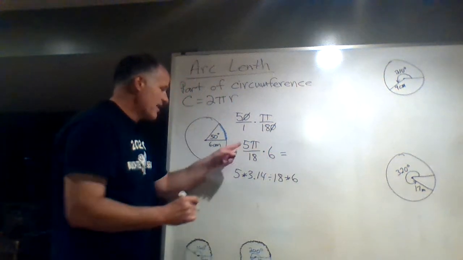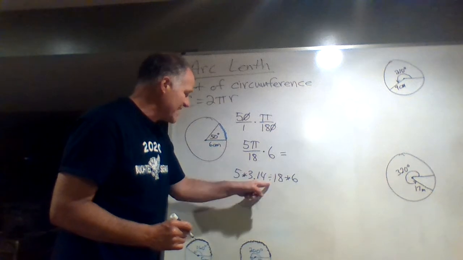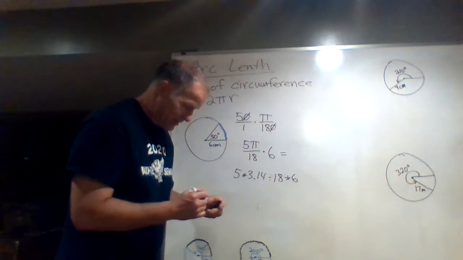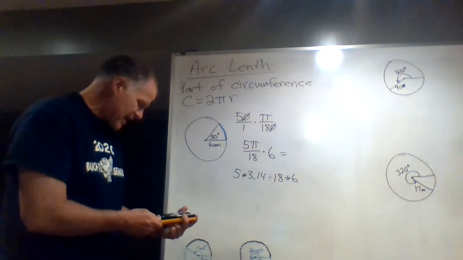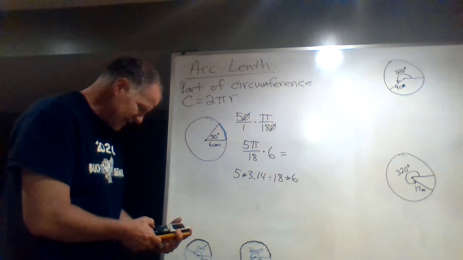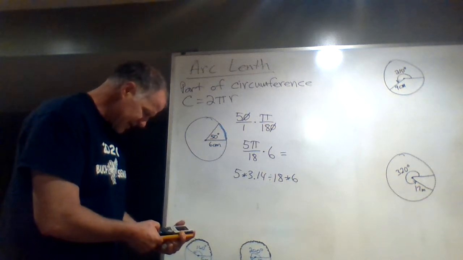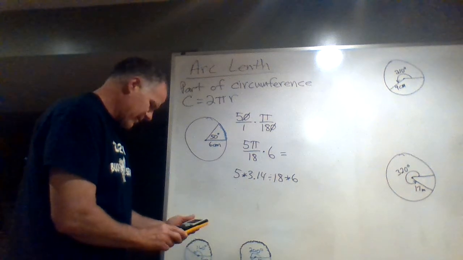That's really what we have: 5 times 3.14 divided by 18 times 6. I know that looks like a lot, but that's going to be your answer.